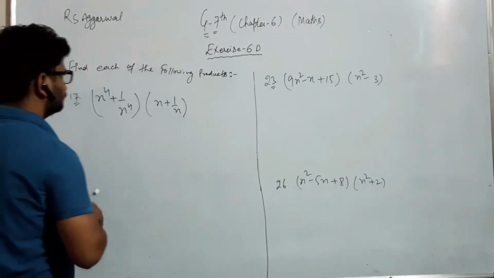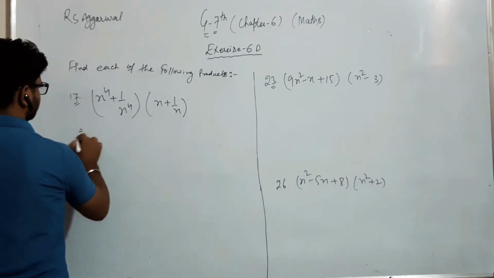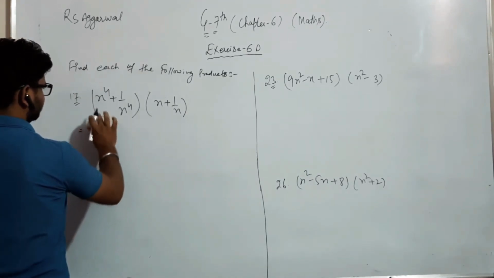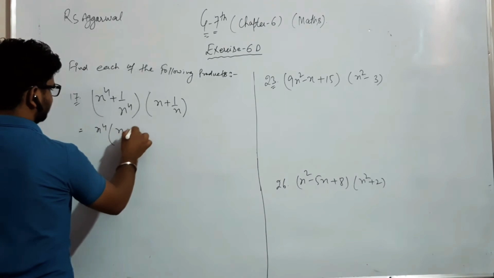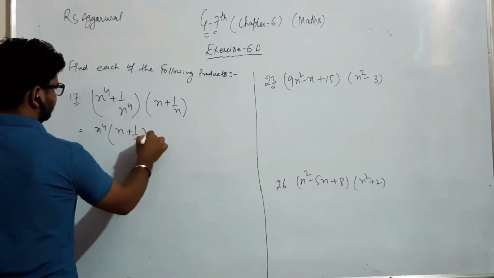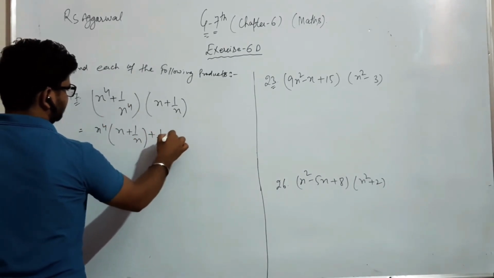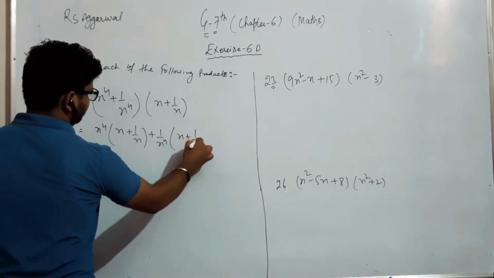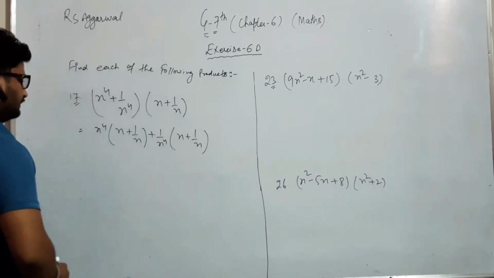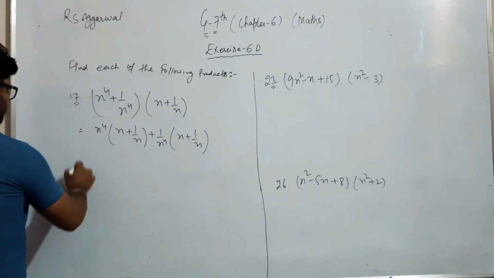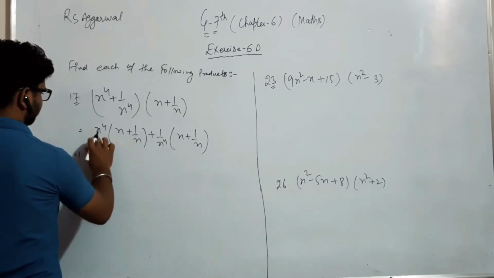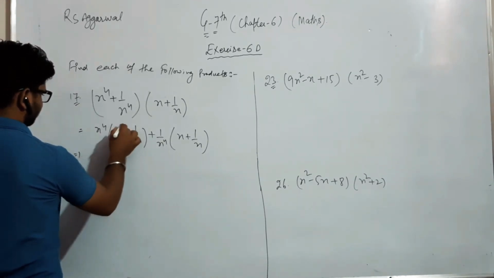So in the 17th question of this exercise, the question is x raised to power 4, multiplied with the whole of x plus 1 upon x. Then we take plus 1 upon x4, multiplied with x plus 1 upon x. Okay, so now here we take x4 multiplied first with x, so it is x raised to power 1.